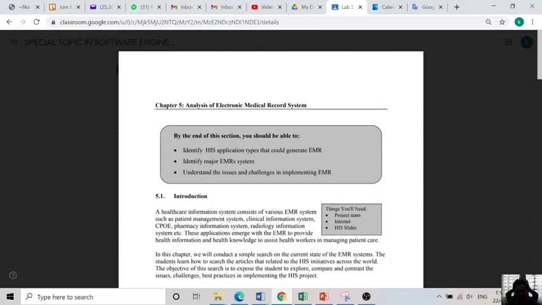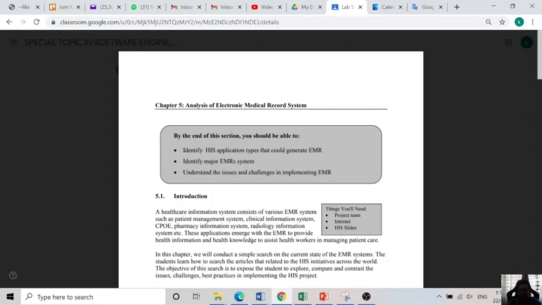to enable you to identify HIS application types that could generate the EMR database, EMR data. By the end of this exercise, we expect that you can identify the major EMR systems, and the main components of an EMR system in a healthcare information system that can be accepted or implemented in a certain healthcare organization.